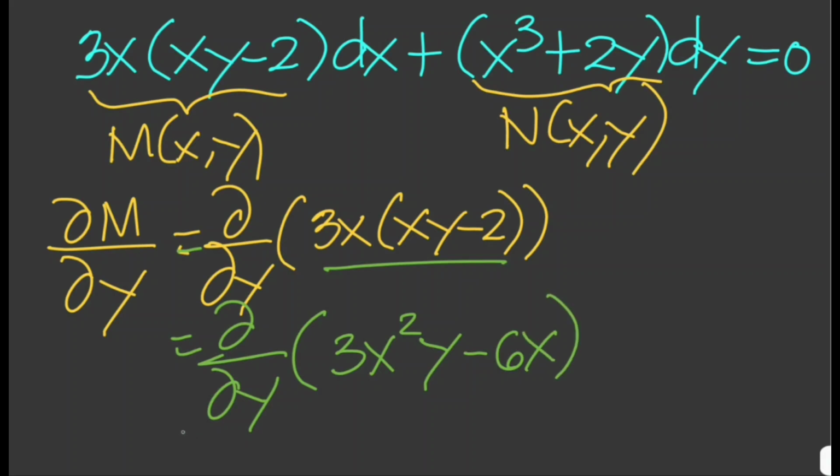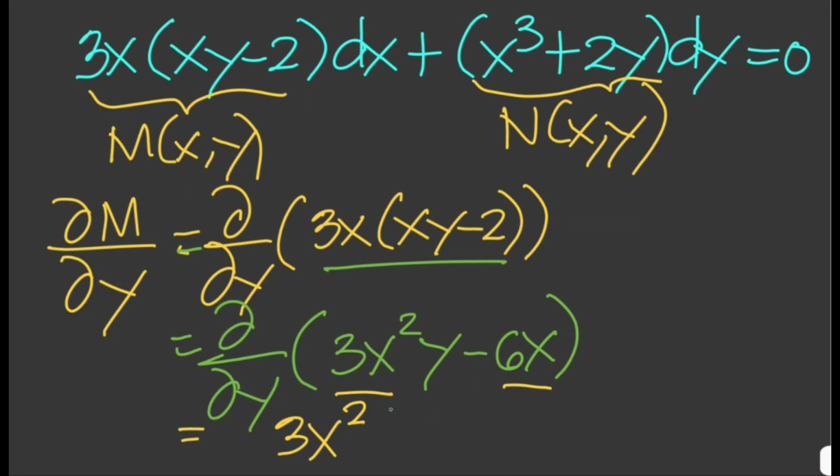We're differentiating with respect to y, so 3x squared here is considered a constant, as well as 6x. The derivative of y is just 1, so we just copy 3x squared, because that one is a constant.